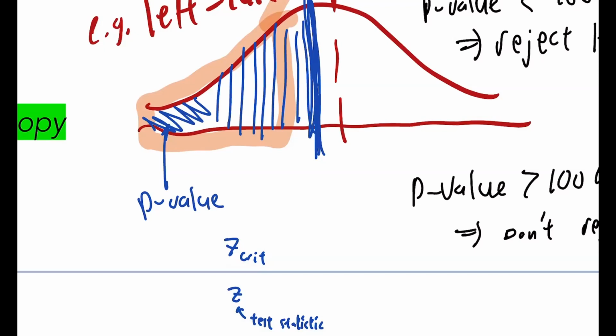Right here. This is the Z crit. Very good. And of course, this guy here must be the Z value. Yes, you got it. So here is your Z crit. There is your Z, just the Z. That is for left tail test for rejection.